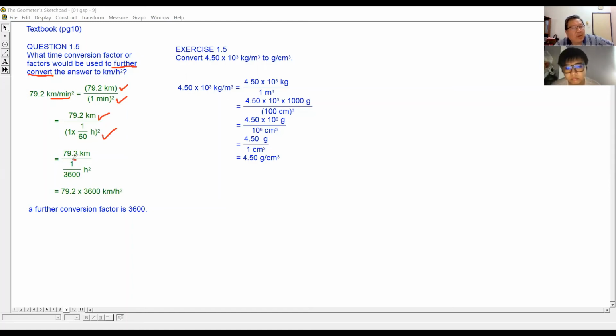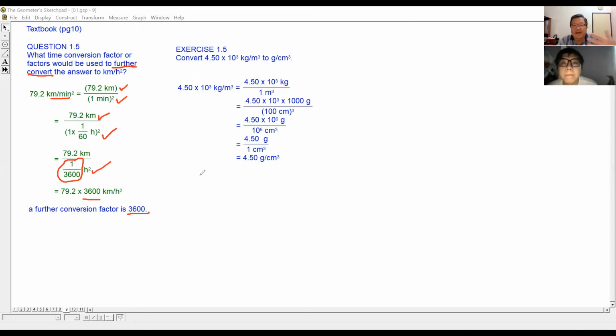So it becomes 1/3,600 when you square it, and the hour becomes hour square. Now, when you divide by 1/3,600, you are actually multiplying by 3,600. Okay? So the factor here is 3,600.